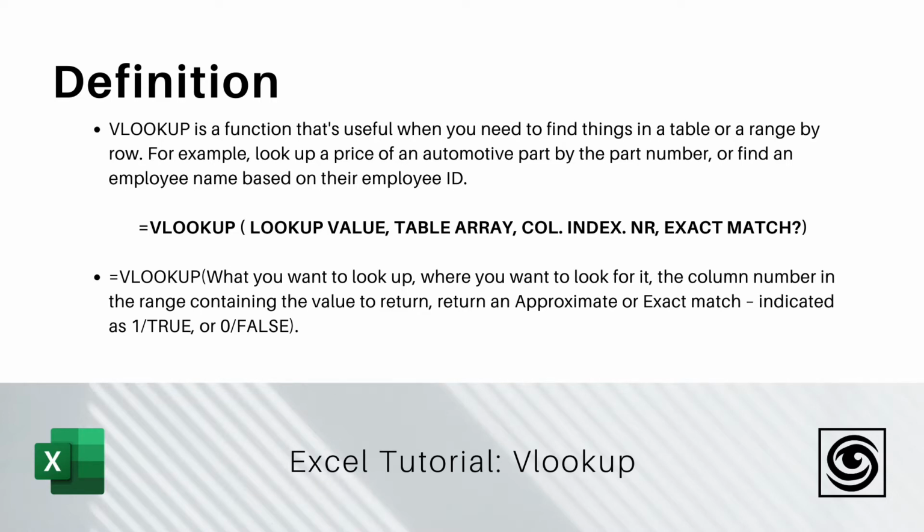For exact match, 0 is useful for text lookups as it is an exact match, and 1 is handy for values. Don't worry if this explanation is not clear yet. We will right now check 2 example exercises I've prepared for you. Let's check them out, shall we?